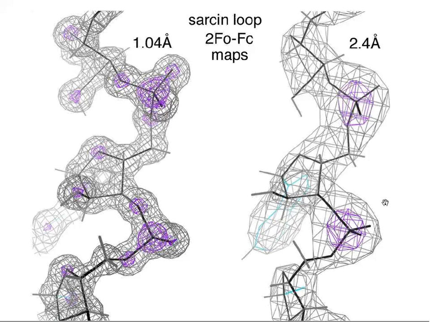So like any other structure, if you can get very high resolution, you can really see everything and you don't need much help. So the example on the left here, at 1 angstrom resolution, you can see where every atom is, and so you know what the pucker of the ribose is, you know which way the atoms zigzag along the backbone. But for biologically interesting RNAs, you essentially never get that level.